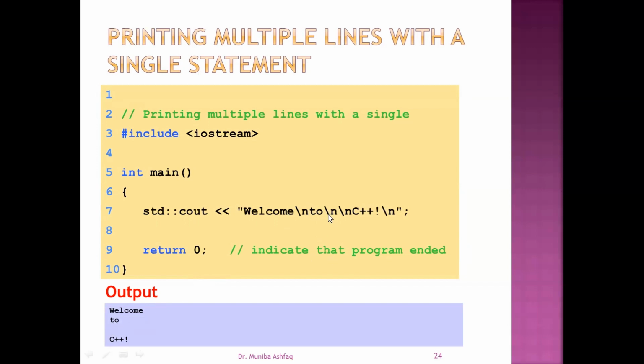After that, we have \n, so the cursor will move to the new line, and then again we have \n, so again the cursor will move to the next line. After that, we have C++, so C++ would be printed on the screen. Even after C++, we have again \n, so the cursor will then be moved to the next line again.